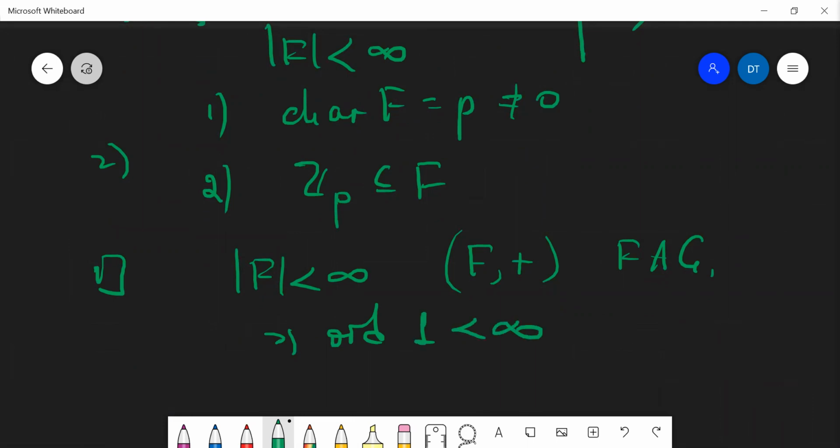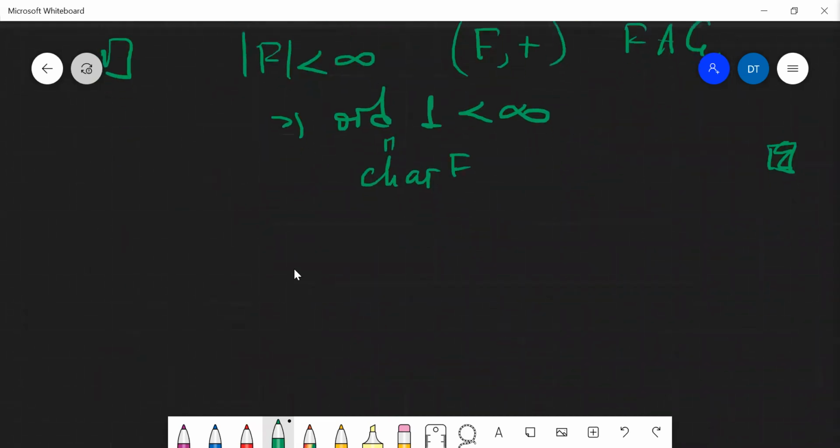But the order is exactly the characteristic of the field. So we're done. There is nothing to prove, actually. Now we have several pieces of information about what our finite field looks like: it must have prime characteristic, and it also contains Z_p. But we can say even more than that. So let's move on.